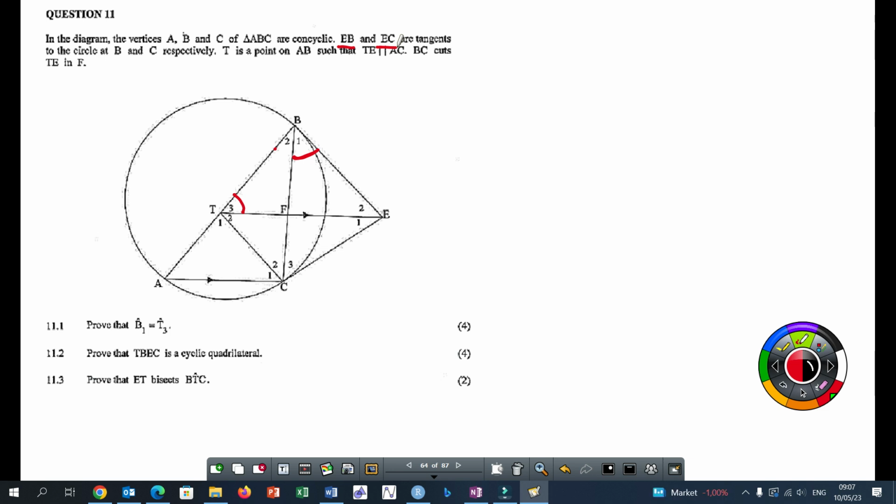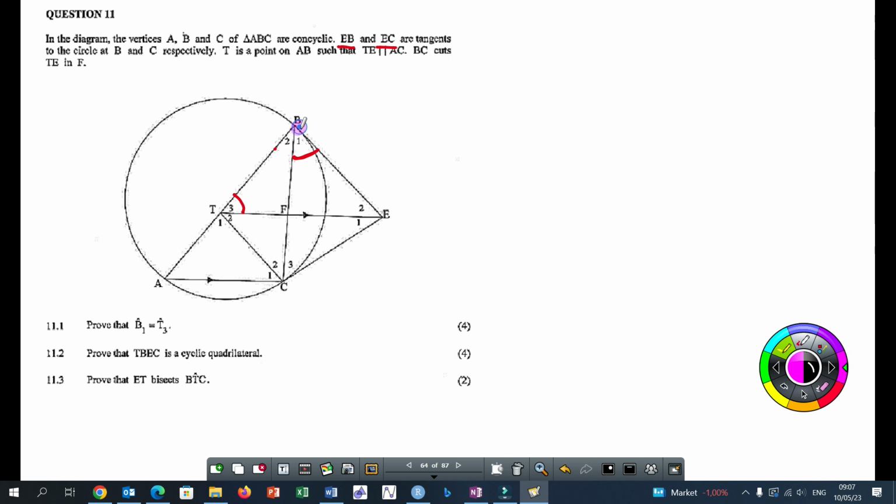Okay? I'm going to highlight the tangents. Whenever you see a tangent, the first theorem which must come into your head is the tan-chord theorem. Remember, there are three tangent theorems. Among the three, the most common one is the tan-chord theorem. And most questions on tangents, you have to use it.